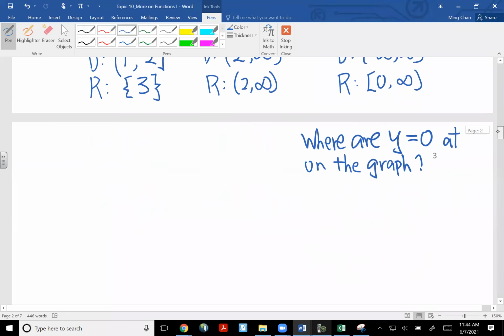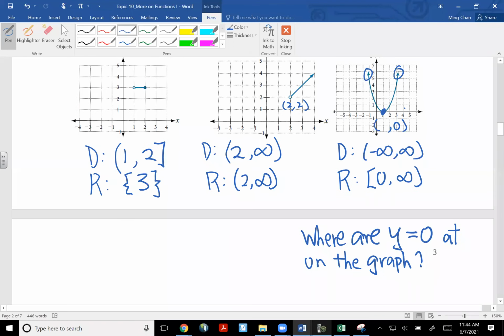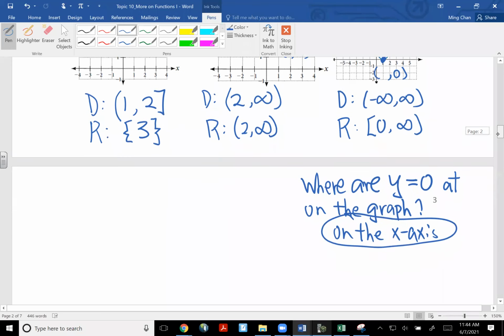On the y-axis. No, on the x-axis. The y-axis is opposite. The y-axis is up and down. The x-axis is where y is 0. Yeah, that is important, because we'll spend a lot of time talking about y equal to 0 later on.